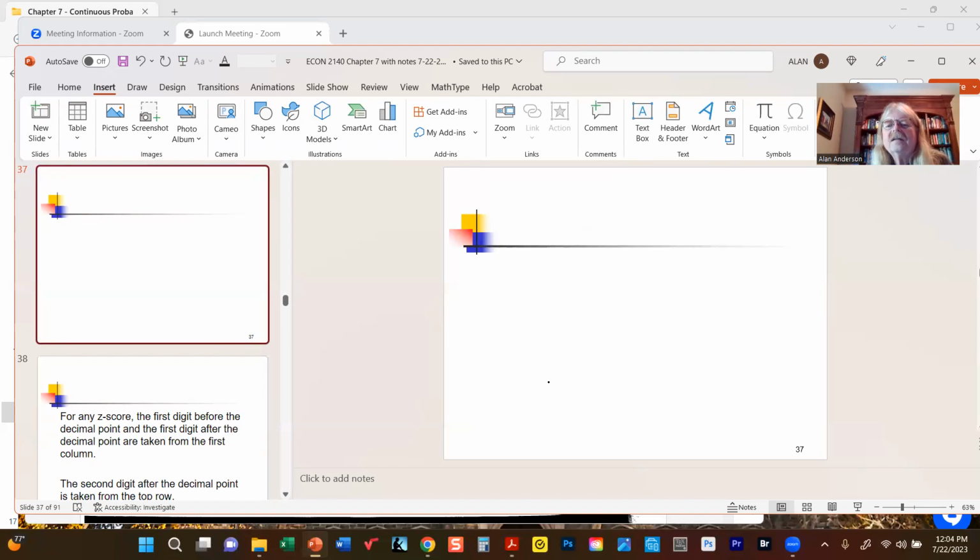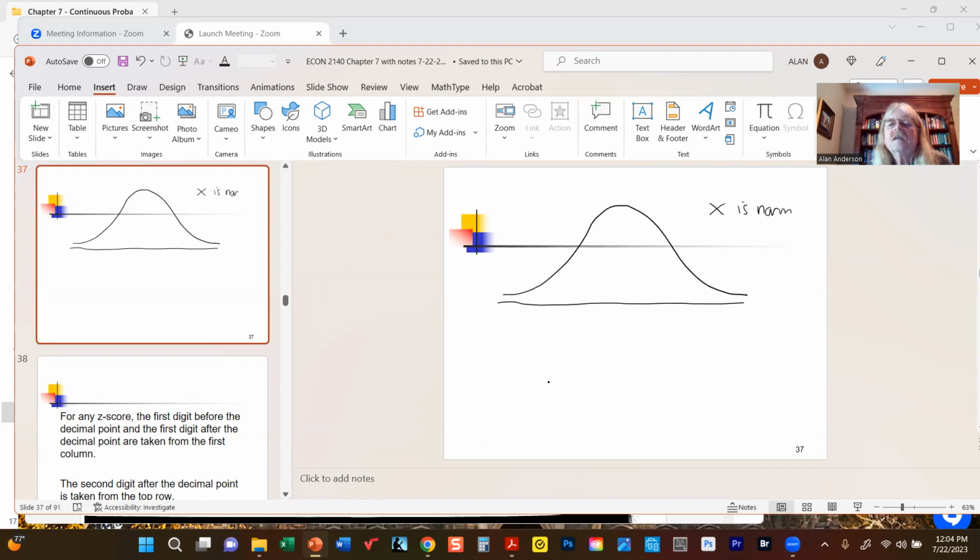What do I mean by that? On top, we'll have X. X is normal. Mean is 80. Standard deviation is 8. The center is 80.